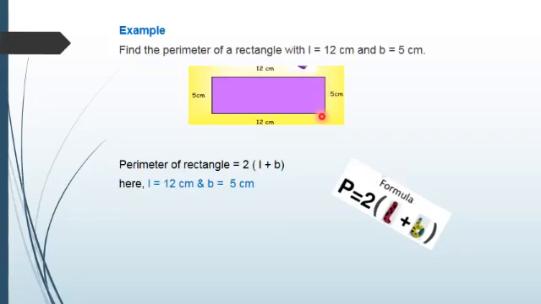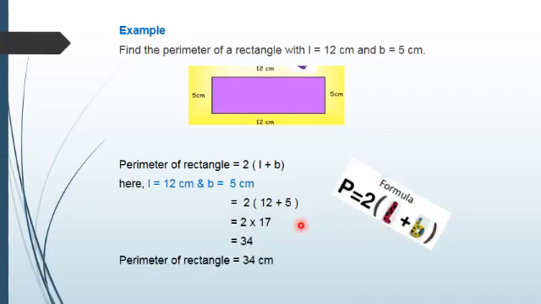So we will put these numbers in the formula and it will be equal to 2 times 12 plus 5. Firstly, we will add 12 and 5 and then multiply its answer by 2. So 12 plus 5 is 17 and then we will multiply 17 by 2. It will be equal to 34. Therefore, the perimeter of the rectangle will be 34 centimeter.